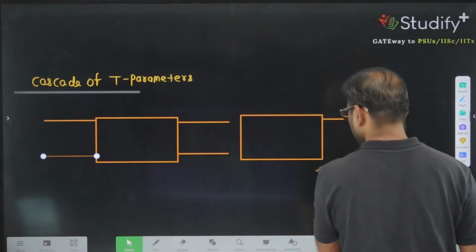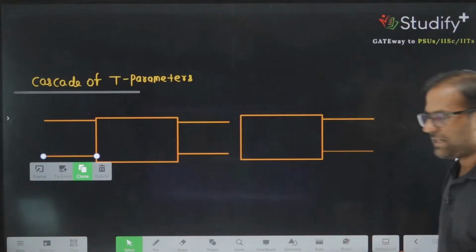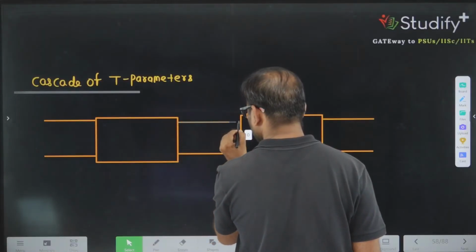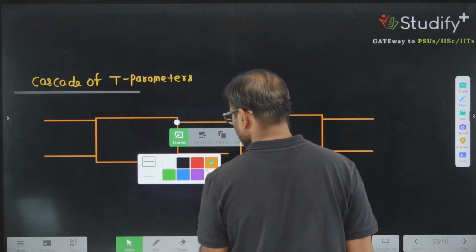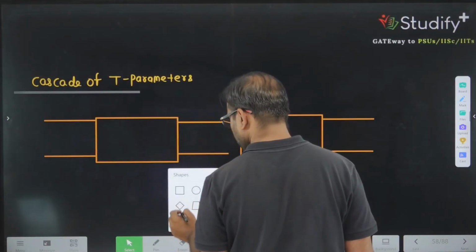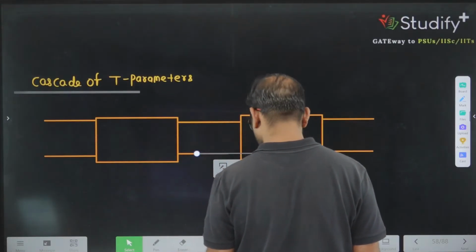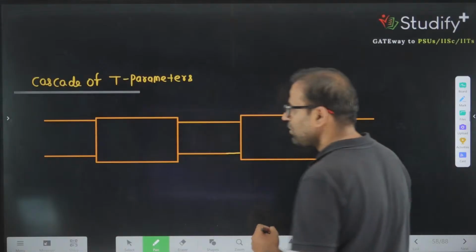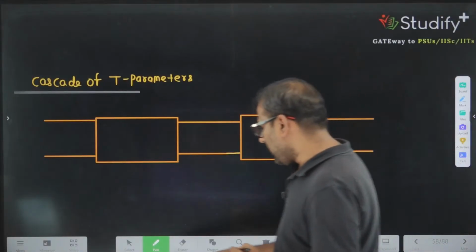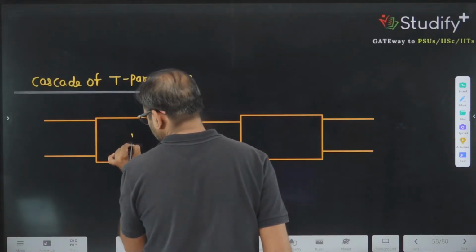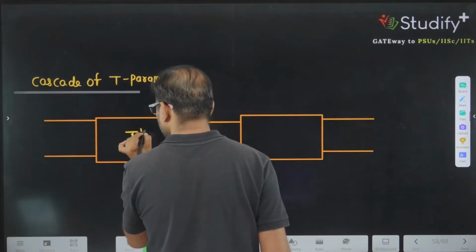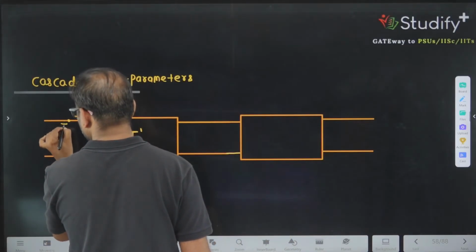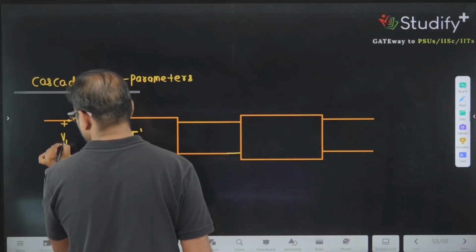Okay, two T parameters are cascaded. I am calling this as a T prime. I am calling this as V1. I am calling this current as I1.